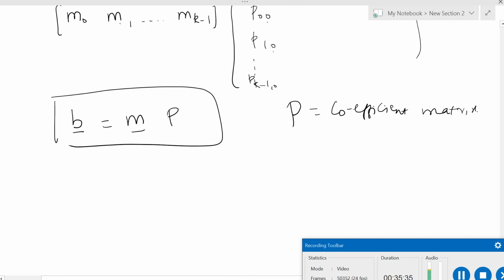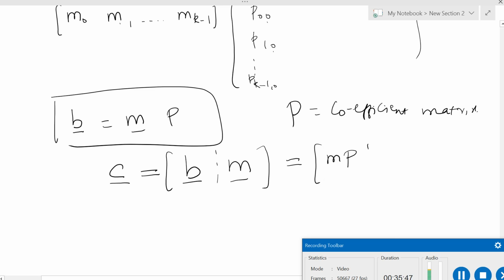So hence the code word is, as I told, a concatenation of these parity bits and message bits. Okay, which means it is a concatenation of MP with M, right? And if I take this M as common, as M vector, I get a concatenation of P matrix.